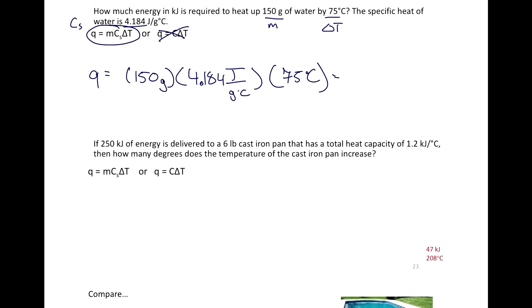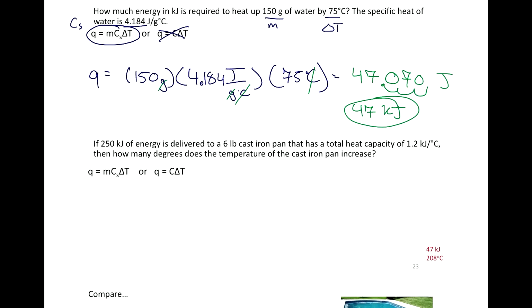What we see here is units cancel, grams, Celsius. So we are left with something like 47070 joules, but we want this in kilojoules, so move that decimal place 3 times. So this is about 47 kilojoules of energy to heat up that amount of water. That's a lot of energy. 150 grams of water isn't that much. It's 150 milliliters, like a small cup's worth, right?